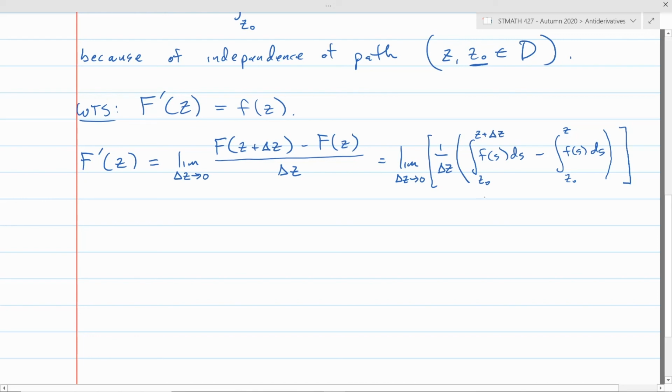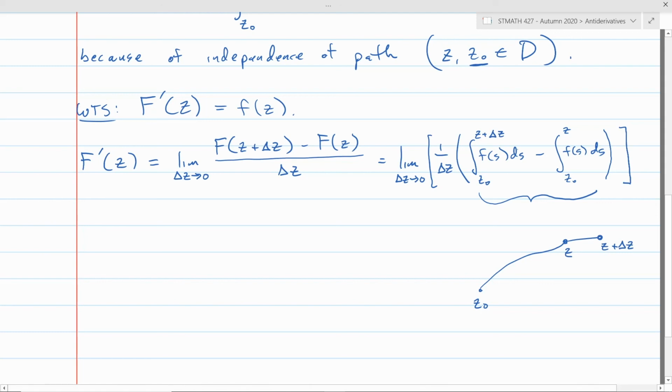So we want to examine this difference of integrals. You've got Z naught here, and then here's Z, and then here's Z plus delta Z, and we have independence of path.